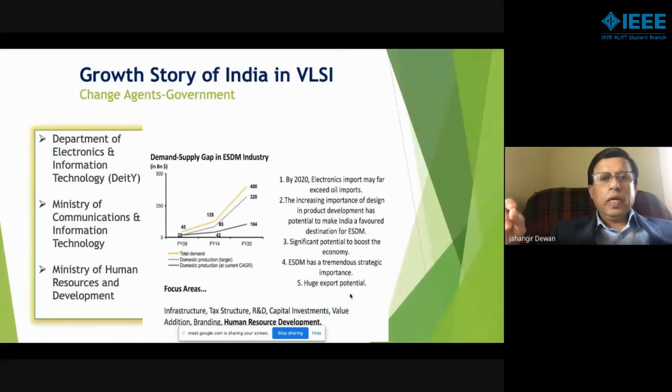Now think about how India came to that level. What the Government of India's Department of Electronics and Information Technology did is put together a fund to develop the ESDM sector, electronic design and manufacturing, in one sense the VLSI sector.